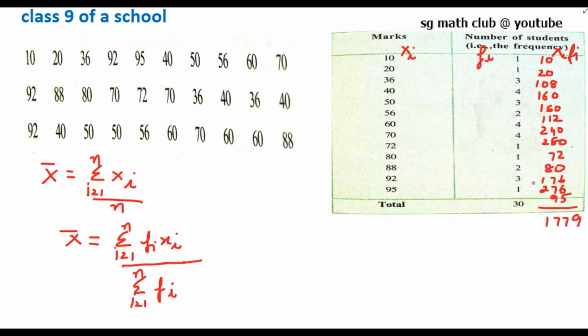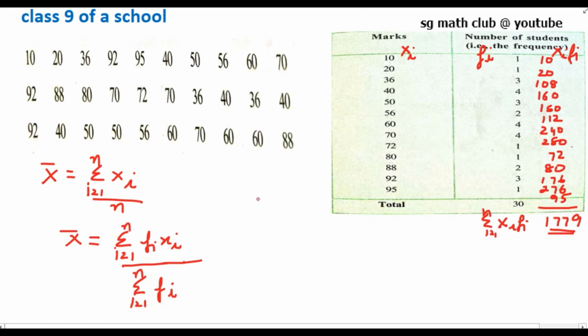So I have multiplied xi with fi. I got these values, and 1779 is sigma fi xi. This is the total of this column.